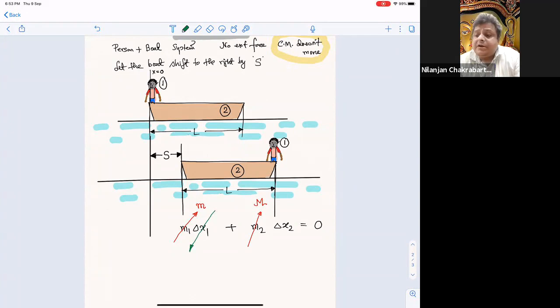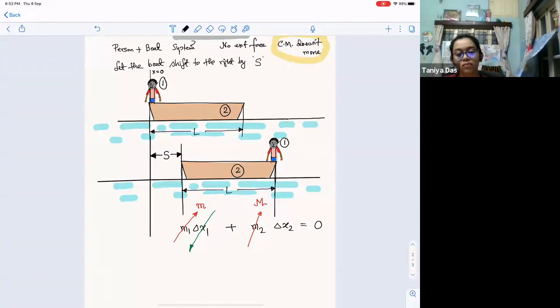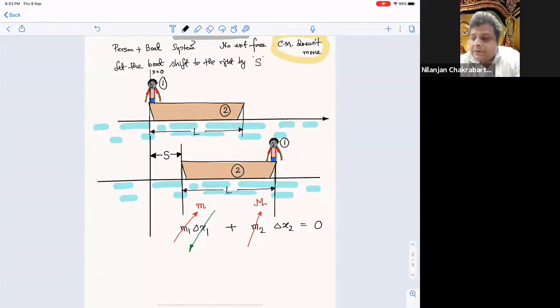What is the final coordinate of the person? L plus x, because see, this is the x-axis, so the final coordinate is L plus x, and the initial coordinate was 0. Okay, now delta x2 means the shift in the boat, how much it is, that is s. We have assumed it is s.